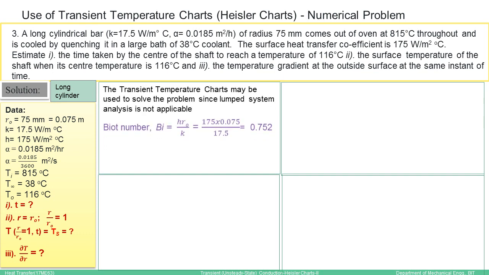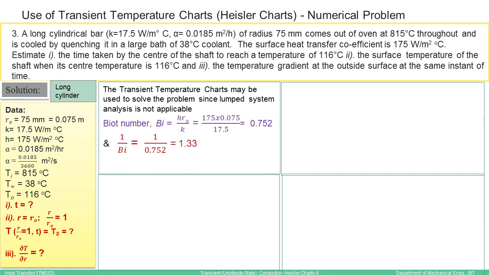So first we shall calculate the Biot number and Fourier number. Biot number is 0.752. We use R naught as the characteristic dimension here directly, because of which 1 by Biot number is 1.33.